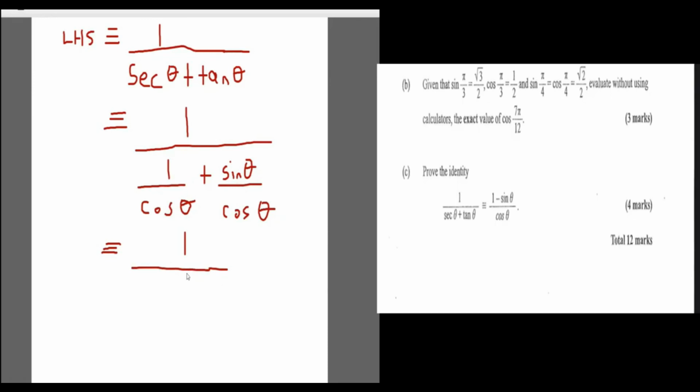But look how I'm going to write it now. So it's 1 over 1 plus sine theta over cos theta. So this is all we have.